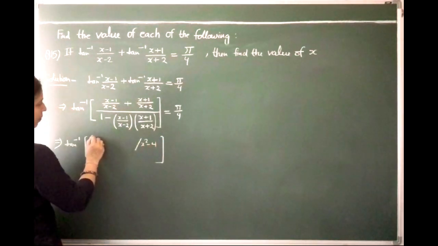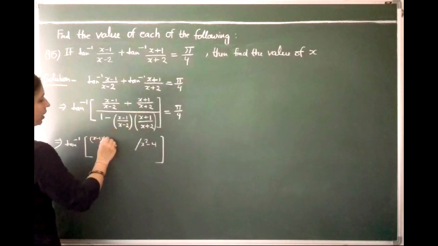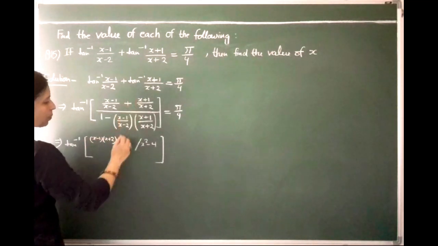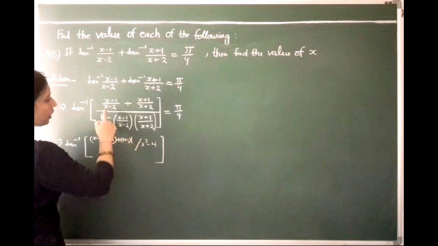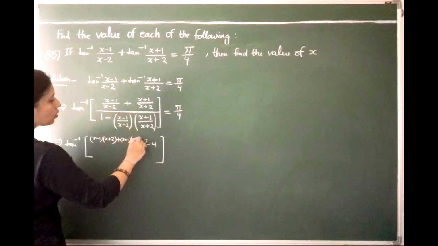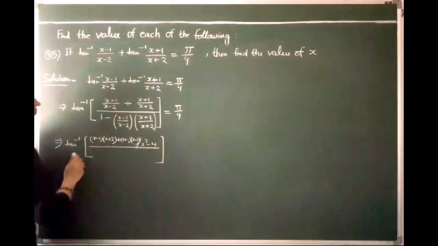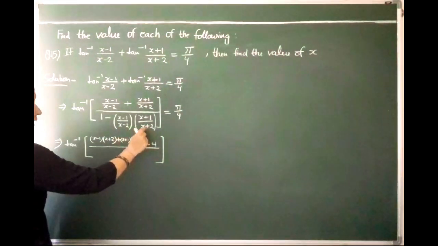So here it will be (x minus 1) into (x plus 2) plus (x plus 1) into (x minus 2), and it is divided by (x minus 2) into (x plus 2).